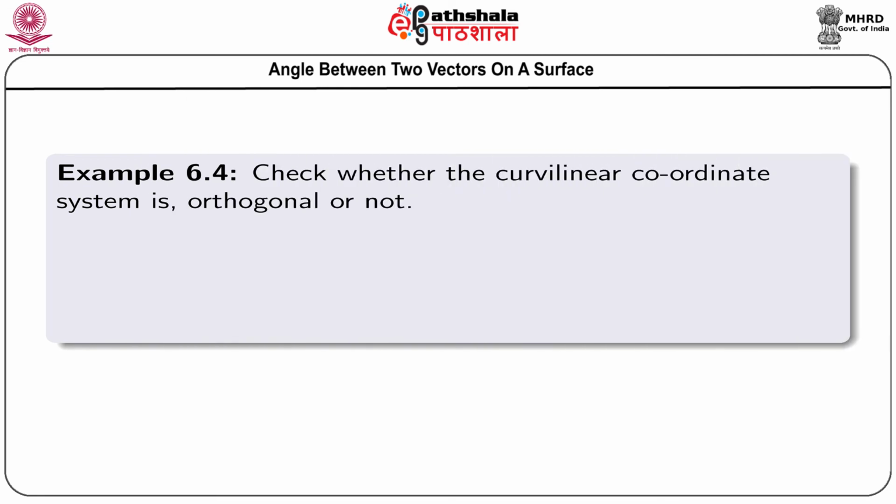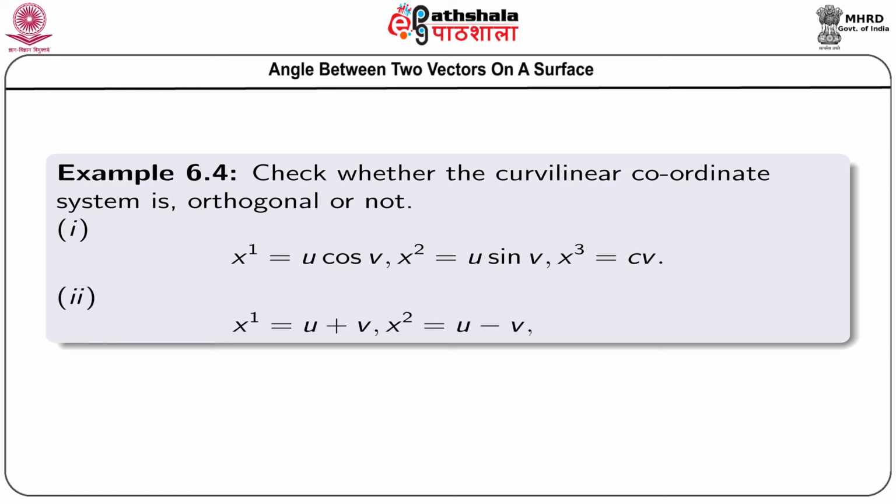Now, let us check whether the curvilinear coordinate system is orthogonal or not for the following surfaces. We consider this surface x1 equal to u cos v, x2 equal to u sin v, x3 equal to c v, where c is a constant, and we will also see for the surface x1 equal to u plus v, x2 equal to u minus v, x3 equal to 4 u v.